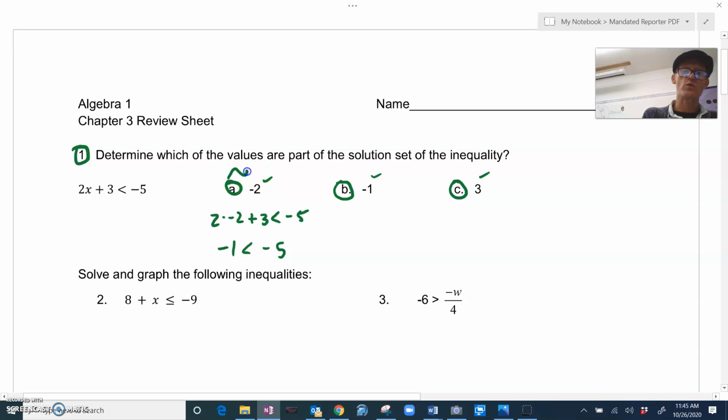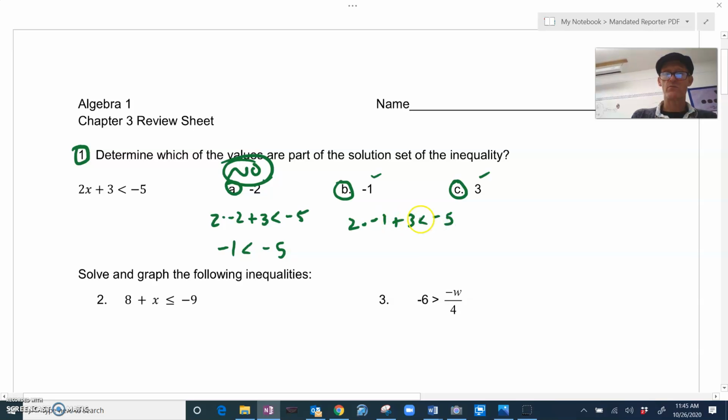So this one is no. Two times -1 plus 3 less than -5. 2 times -1 is -2, plus 3 is 1. 1 less than -5.